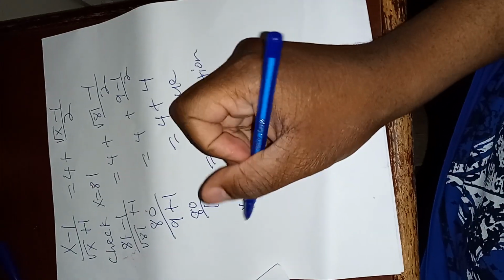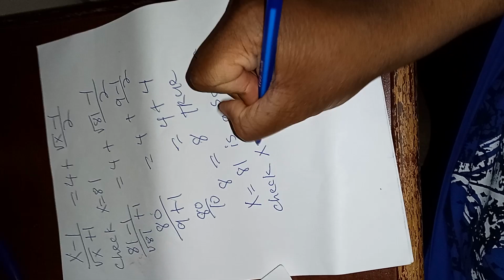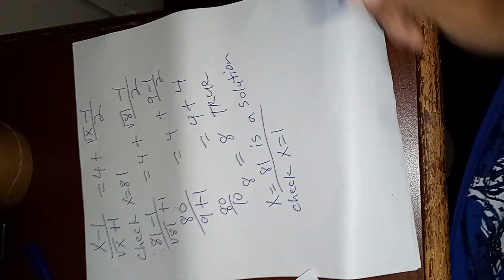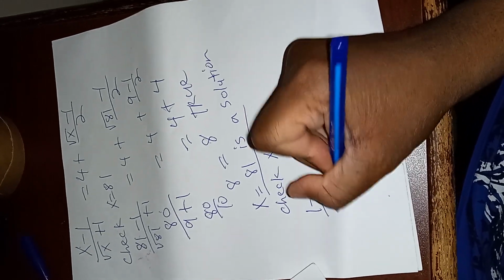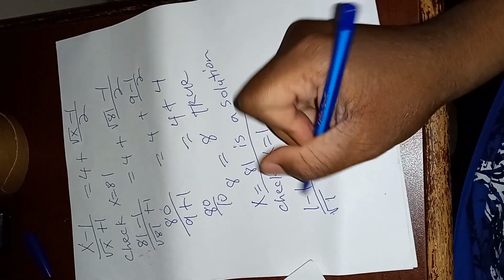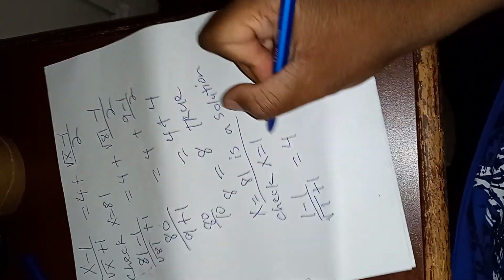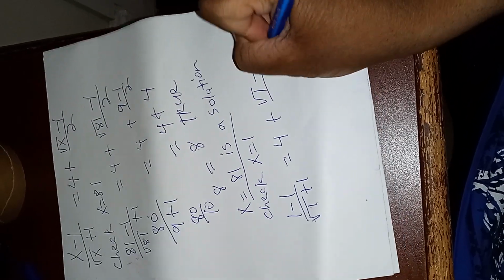Now let's try 1. Check x equals 1. So 1 minus 1 over the square root of 1 plus 1 is equal to 4 plus square root of 1 minus 1 all over 2.